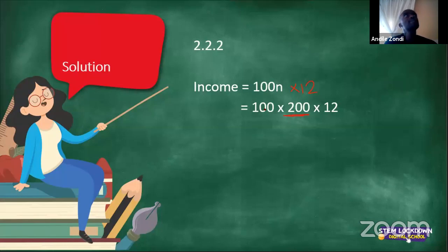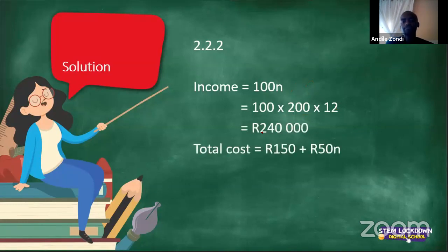So it's 100, which is the selling price, times 200 plates times 12. If you have a calculator, let's say 100 times 200 times 12, hopefully your answer will be 240,000. If it's not, then you're wrong, because I've calculated this before. I'm sure everyone knows how to use a calculator. So that is step number 1.